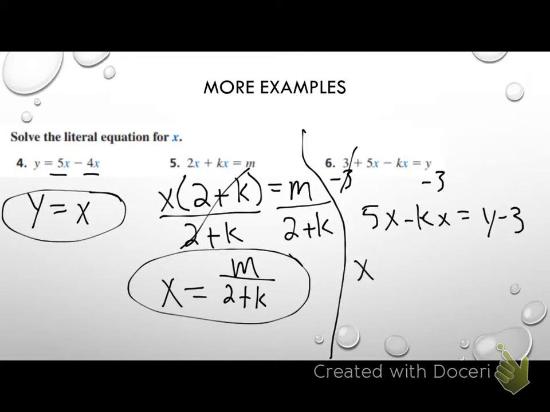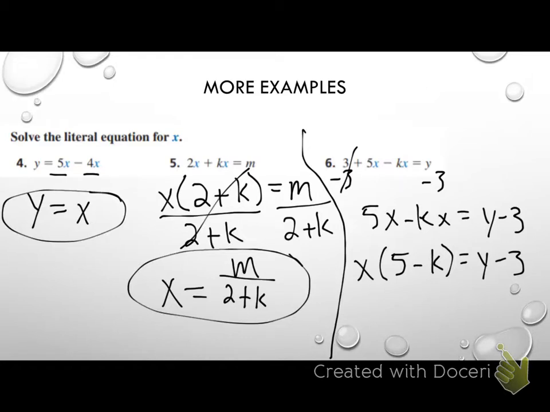X. X times what would give me 5x? 5. X times what would give me negative kx? Negative k. So x times 5 minus k equals y minus 3. Almost there. How do I get x by itself?